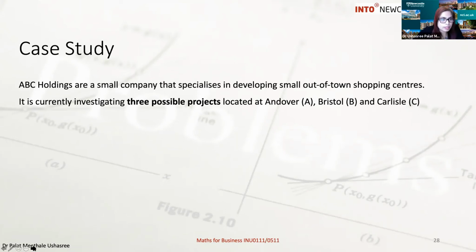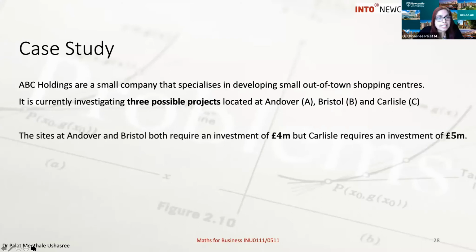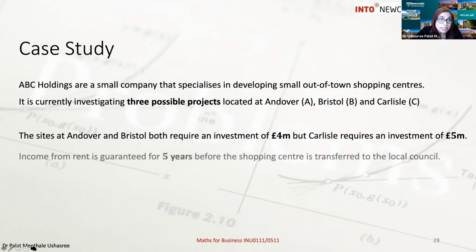The sites at Andover and Bristol both require an investment of 4 million pounds, but Carlisle requires an investment of 5 million pounds. That's the question. Income from the rent is guaranteed for 5 years before the shopping center is transferred to the local council. So you have to now decide which is the best investment.